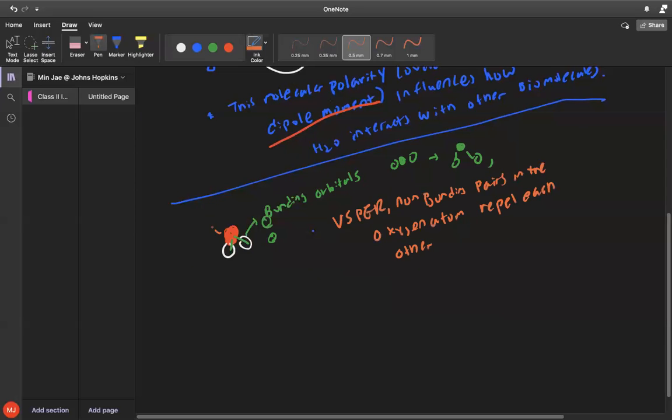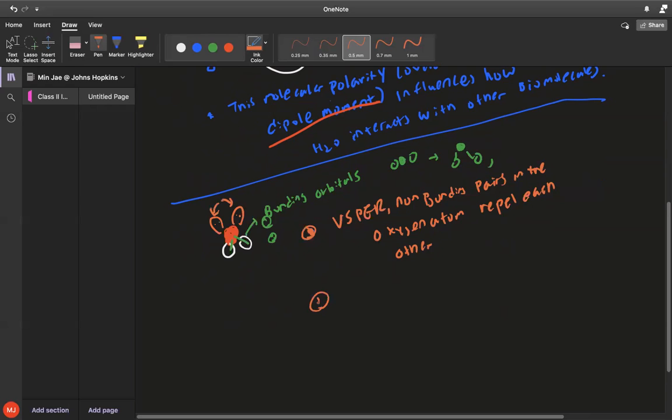So, for example, there will be non-bonding pairs over here and non-bonding pairs over here. Since those are electrons with the same negative charge, they'll try to repel against each other. So that's why you may have heard that there's a reason for this slanted angle between the oxygen and the hydrogen atoms.